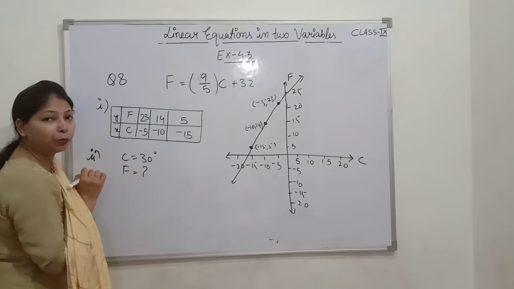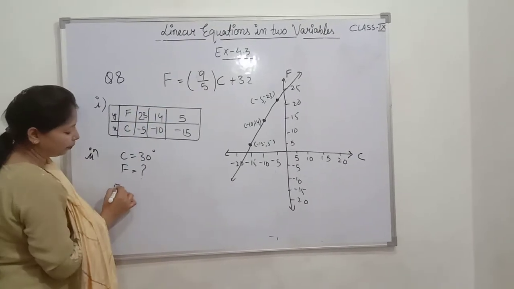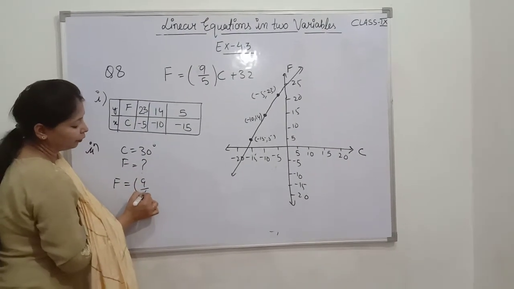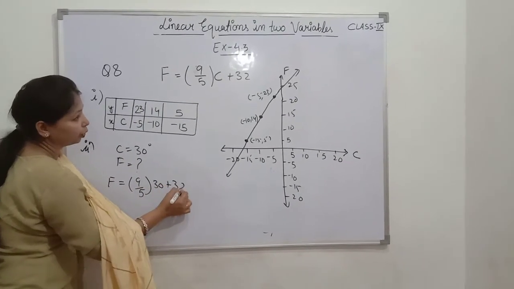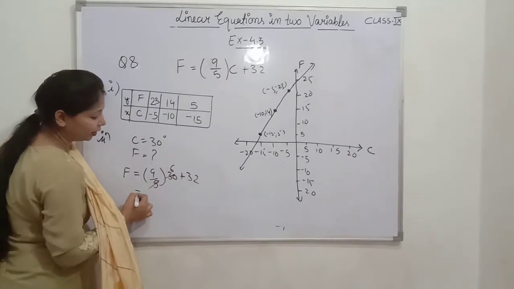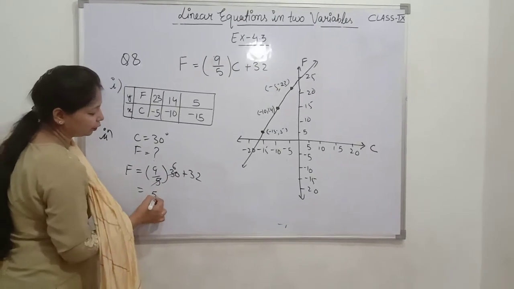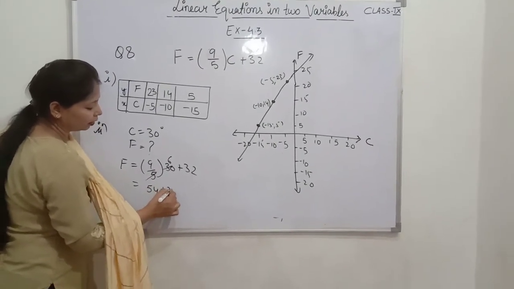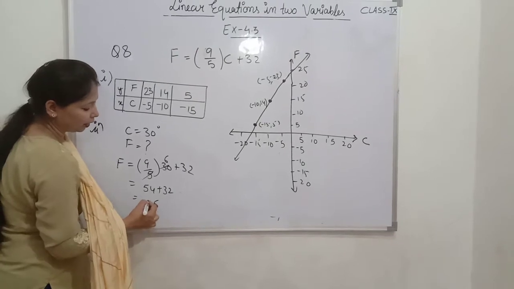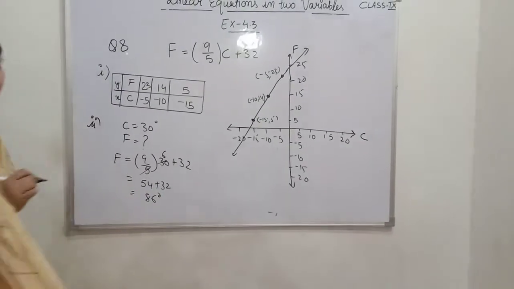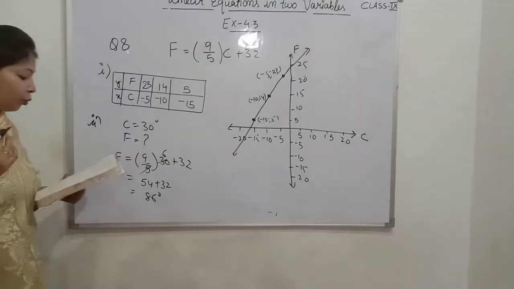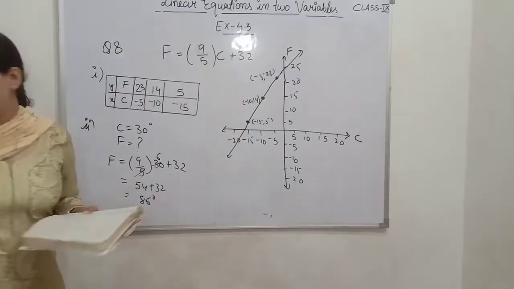It is asking you for Fahrenheit, so we have the formula 9/5 into C. C is what? 30 degrees plus 32. So 5 6s are 30, 9 6s are 54 plus 32. So what is the value? It's 86. So what value did we get in Fahrenheit? 86 degrees. Now moving towards the third part.